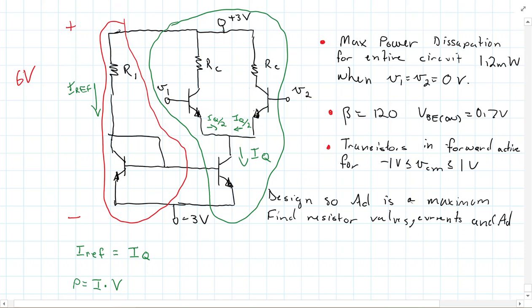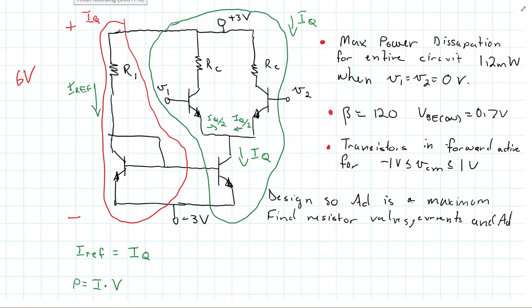But if I think about it, these have the same current. So this is IQ going through the green circuits, and it's IQ going through the red circuits. And we have 6 volts dropped across each of them.